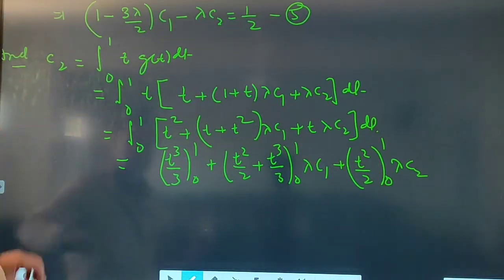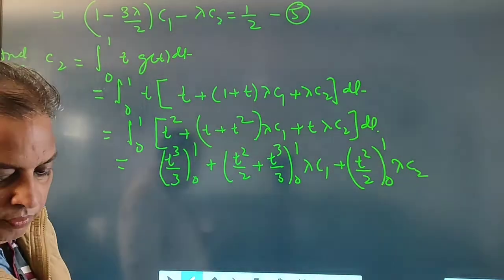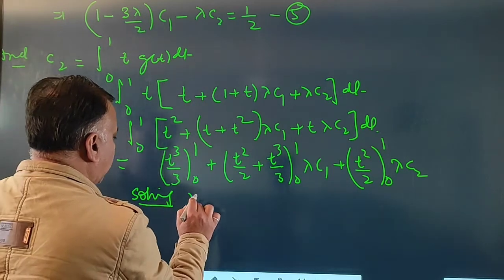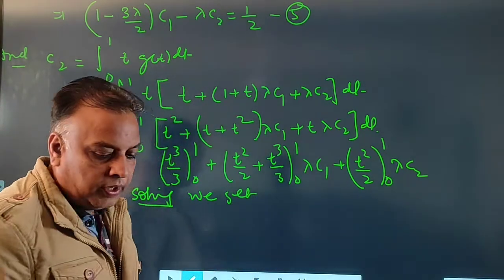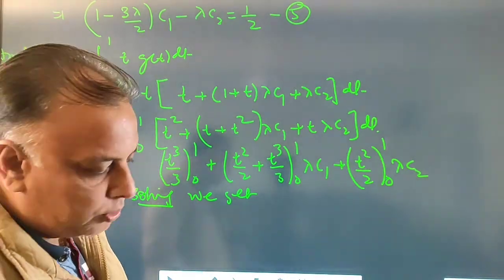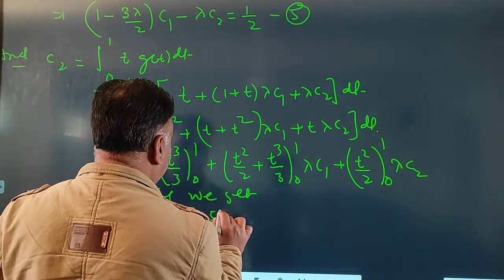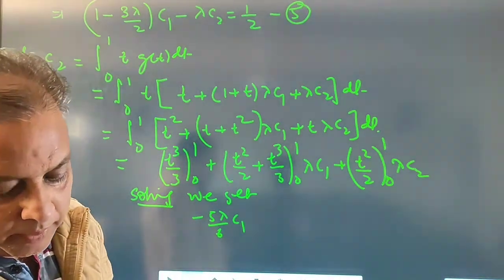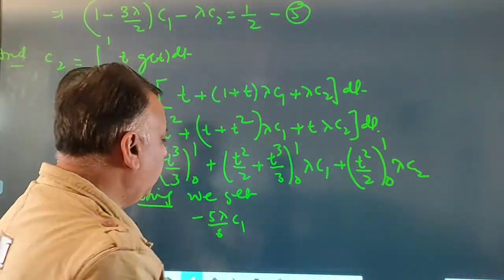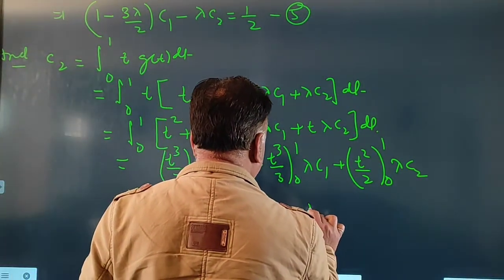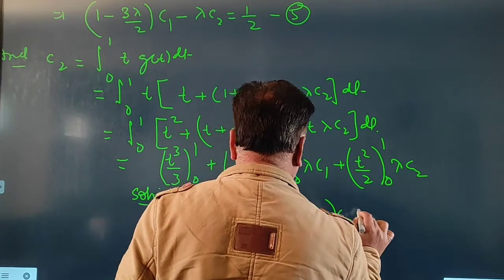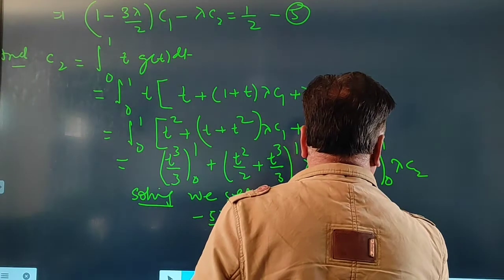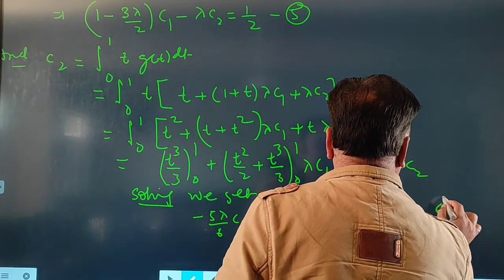Now putting the limits and solving, we get minus 5 lambda upon 6 into c1 plus 1 minus 1 by 2 into lambda into c2 is equal to 1 by 3, equation number 6.